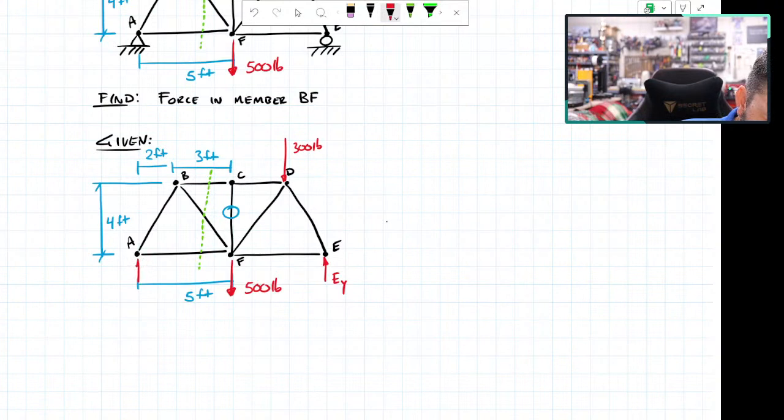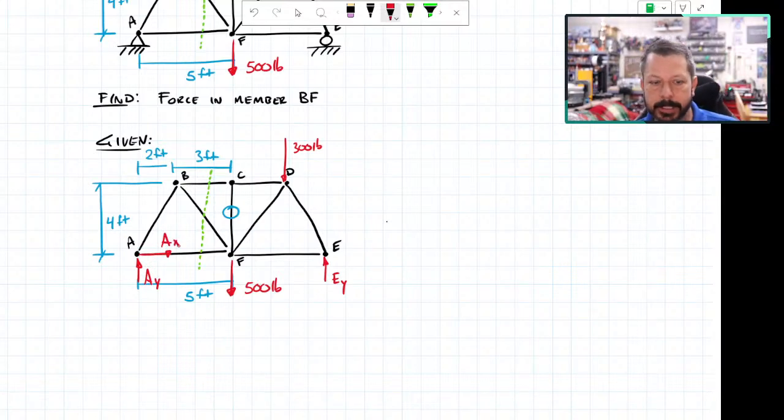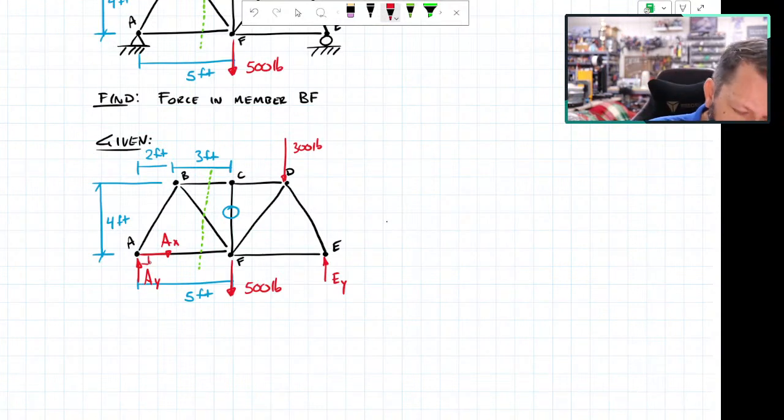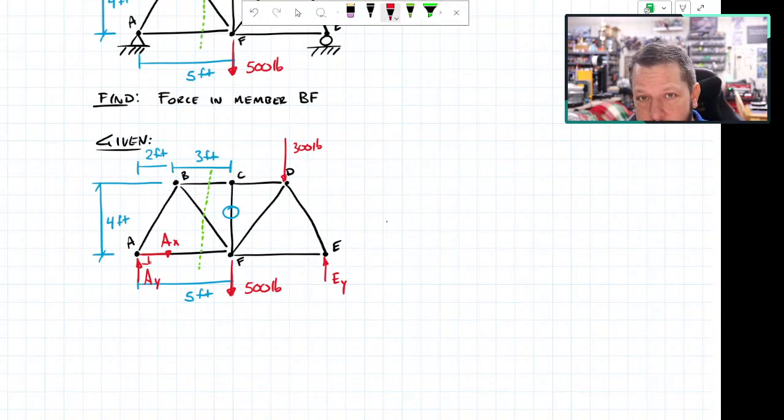The pin at A has 2 reactions. I'm going to put one vertical and one horizontal. I could put them at any orientation as long as they're perpendicular to each other, so as long as there's a right angle right there. But I don't have a reason not to make them horizontal and vertical. Now, I really don't care about EY.